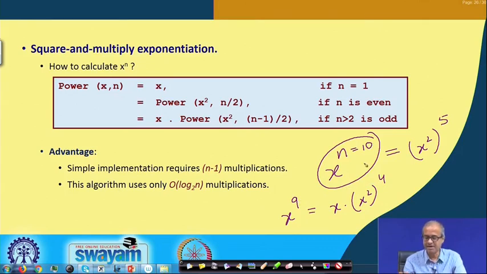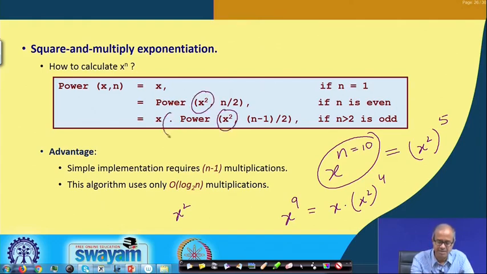So, if we repeatedly apply this formula, then the number of operations can be drastically reduced. You see, here we are carrying out only two kinds of operation, one is squaring, the other is multiplication. We are doing squaring here or here, and multiplication we are doing here. Okay.